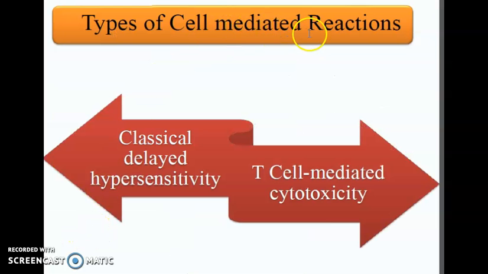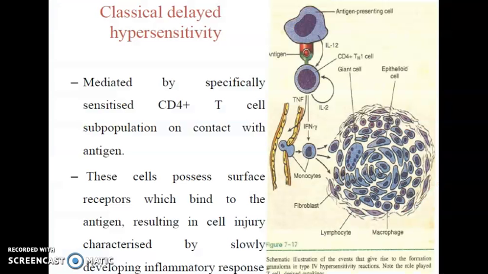Types of cell-mediated reactions are classified into classical delayed hypersensitivity and T-cell mediated cytotoxicity. The classical delayed hypersensitivity is mediated by specifically sensitized CD4 plus T-cell subpopulation on contact with antigen. These cells possess surface receptors which bind to the antigen, resulting in cell injury characterized by a slowly developing inflammatory response.